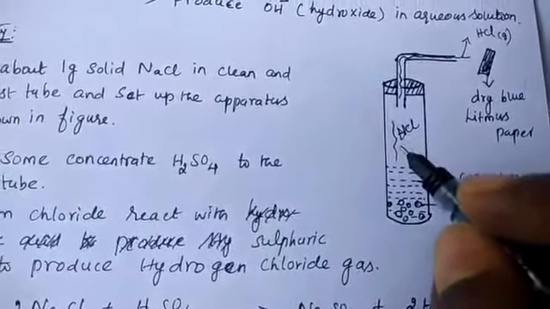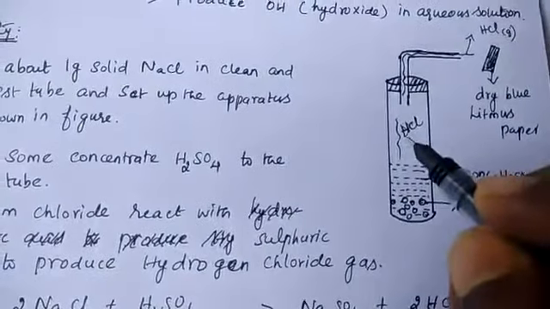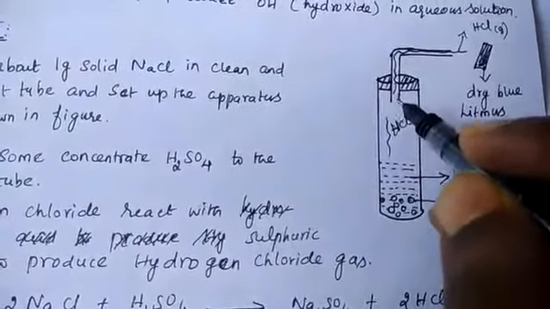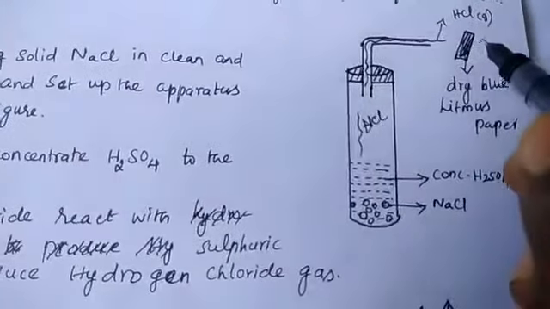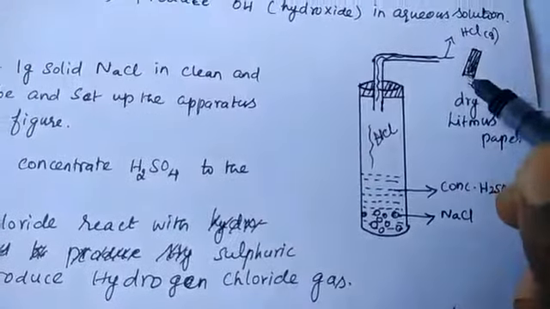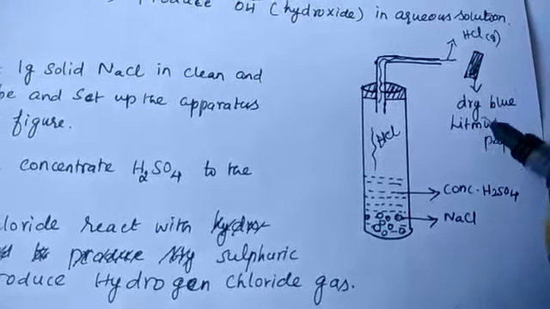HCl is hydrochloric acid, but in the gaseous state its name is hydrogen chloride. This hydrogen chloride gas is passed through the delivery tube. Near the delivery tube mouth, place dry blue litmus paper.